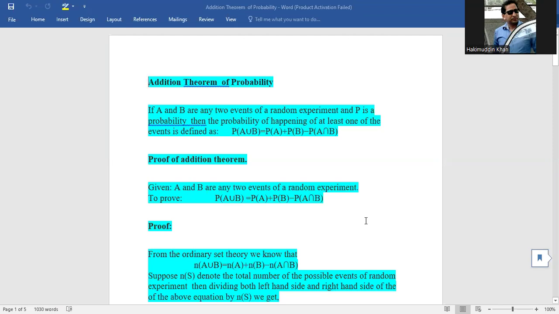Guys, the addition theorem on probability plays an important role in solving some technical questions related to the topic of probability. So without wasting time, we are going to discuss the statement of the addition theorem.